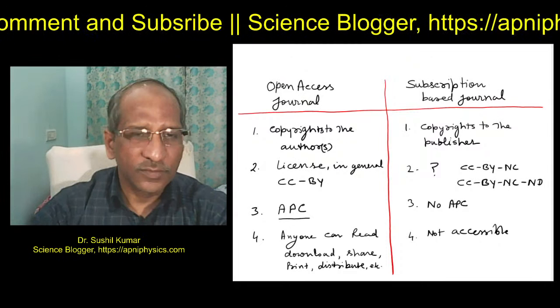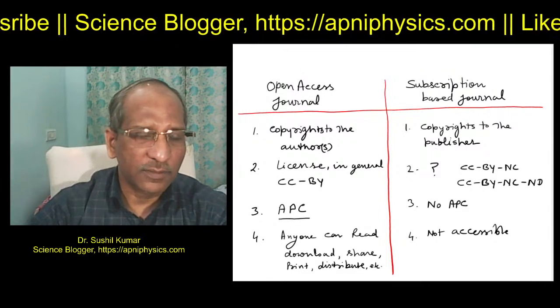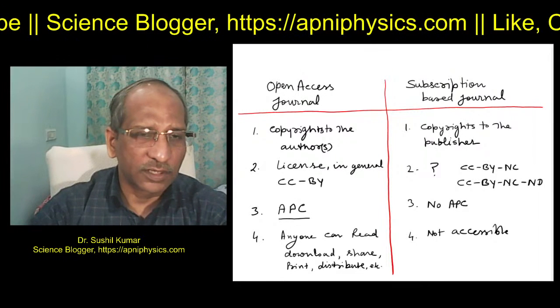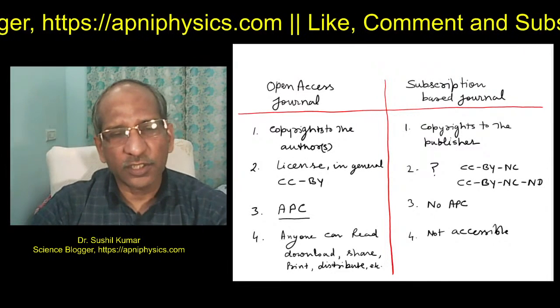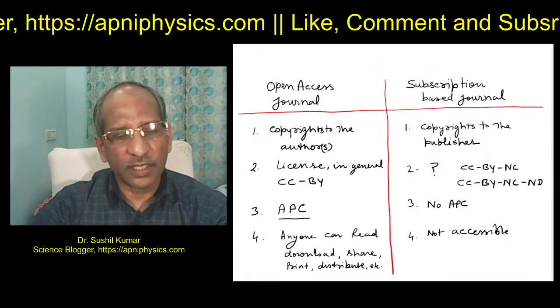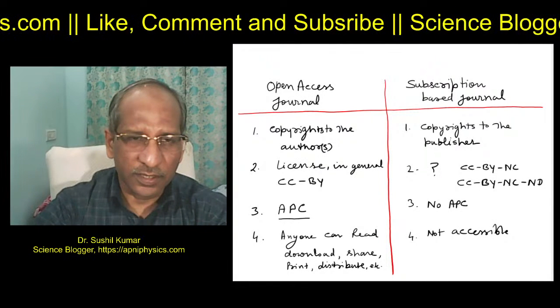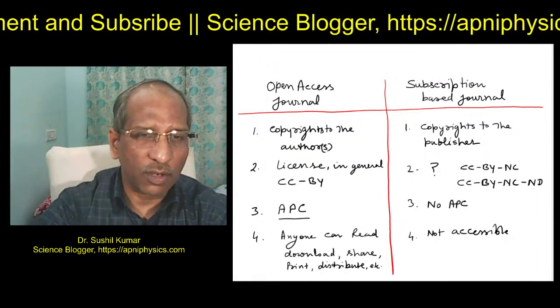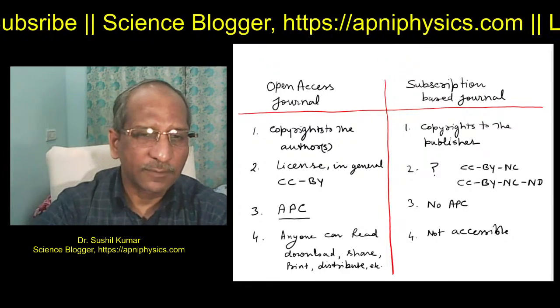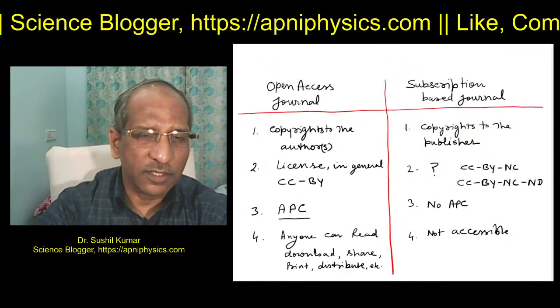Here the main difference, as you can see, is the copyright. In the open access journal, all the copyrights are in general given to the authors, and in the subscription based journal the copyrights remain with the publishers.